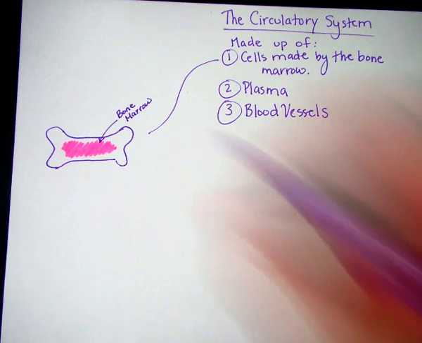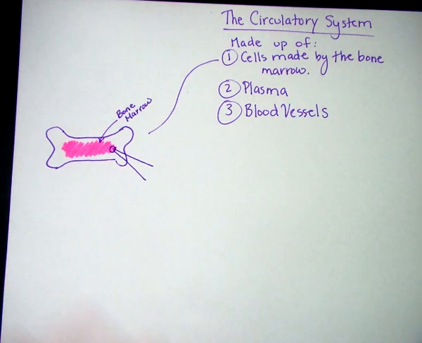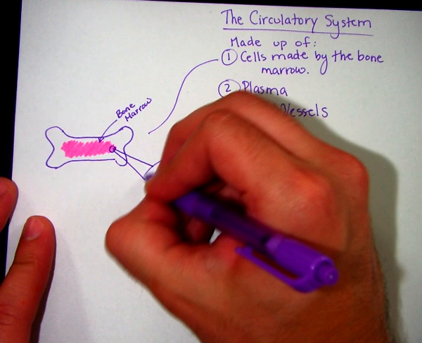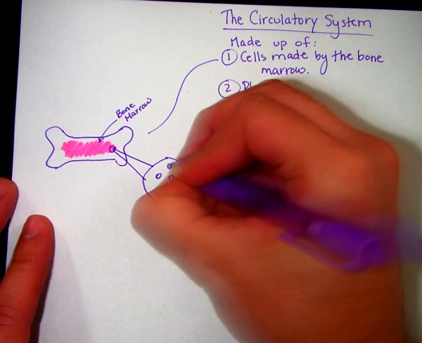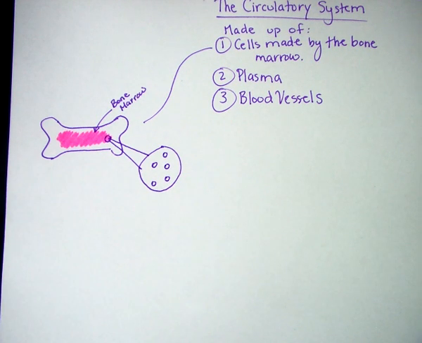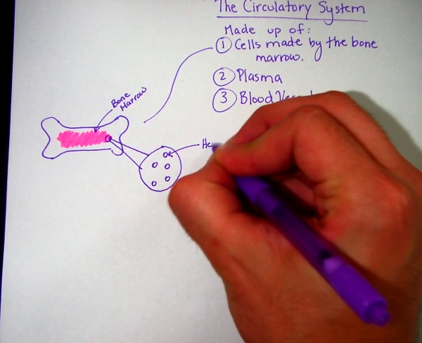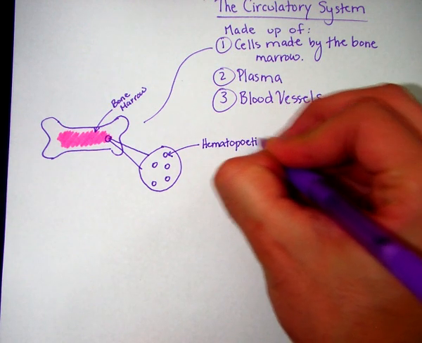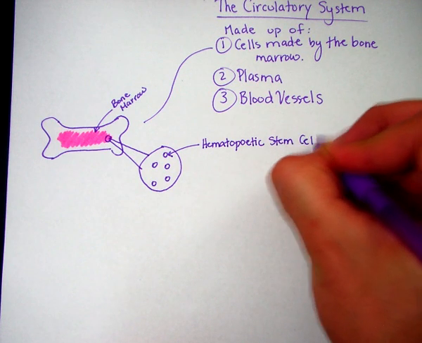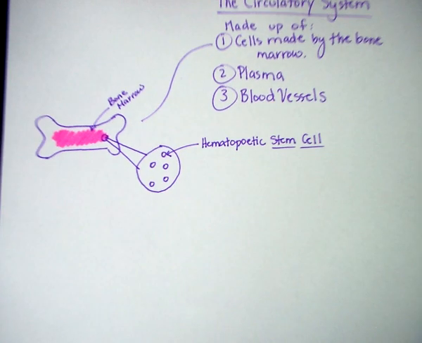If we were to zoom in, we would find a variety of things, but one of the major things would be a specific type of cell, known as a hematopoietic stem cell found within the bone marrow.